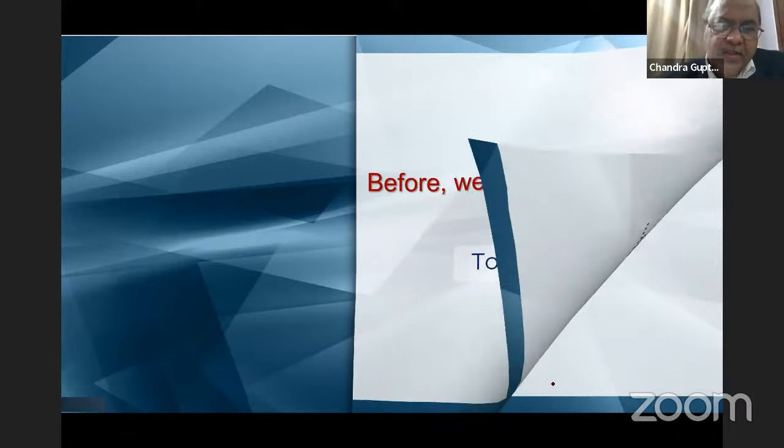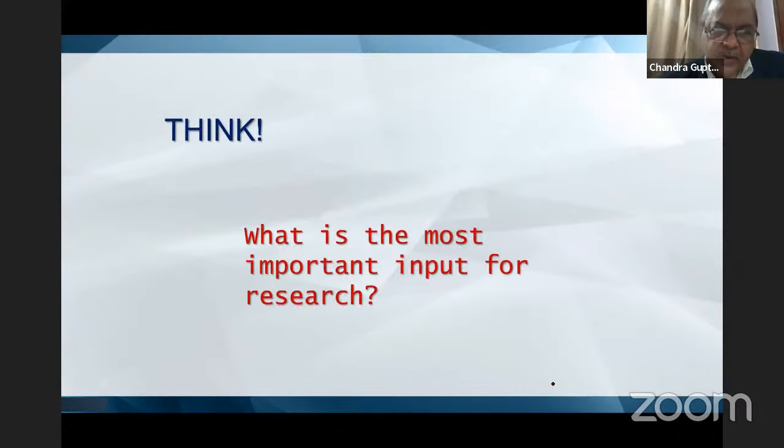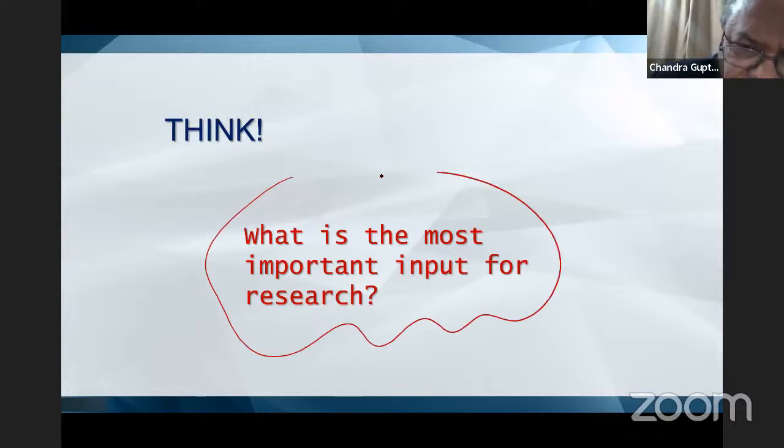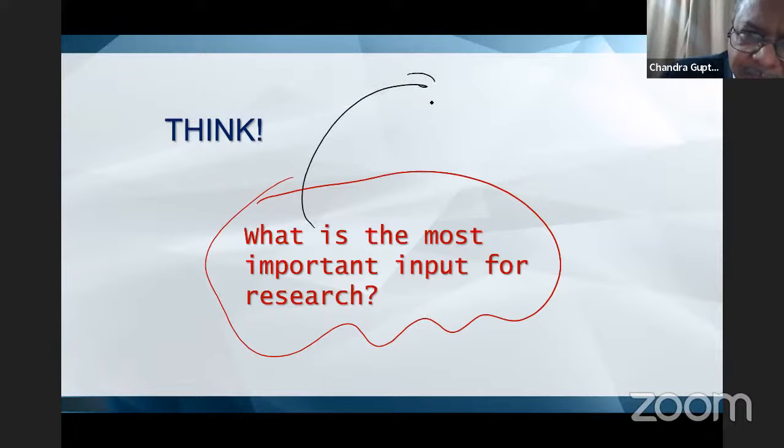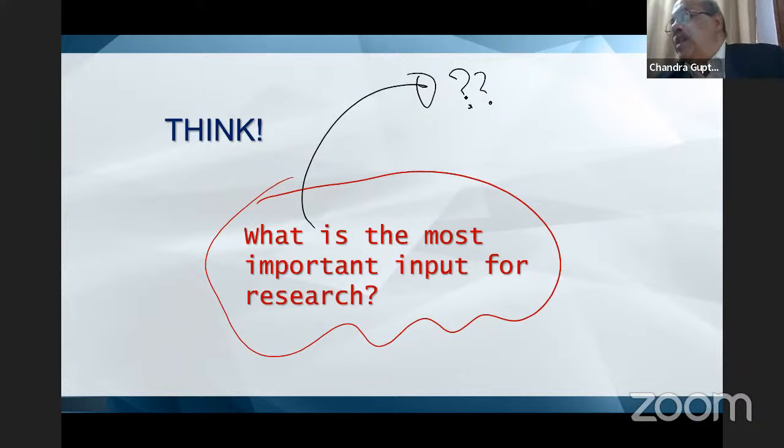Before we start today's agenda, let me ask you a question. What is the most important input for research? Any one of you like to respond? Time, data, Rishika.